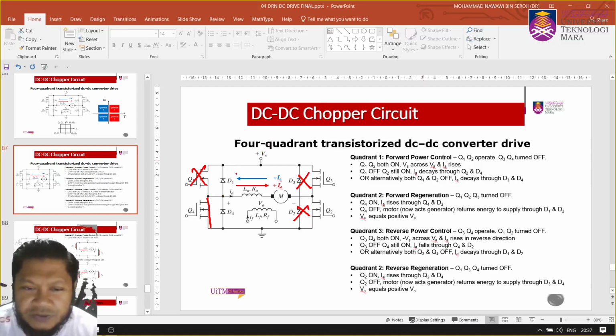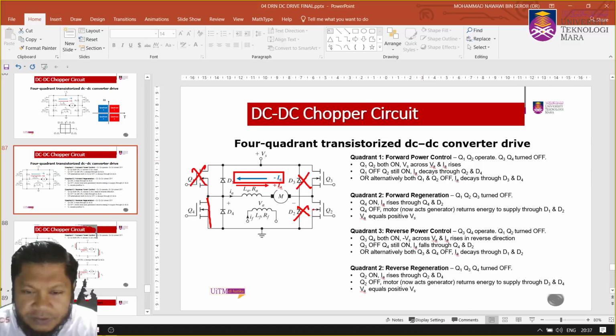Remember, we consider this current, so it will flow through Q4 and D2.